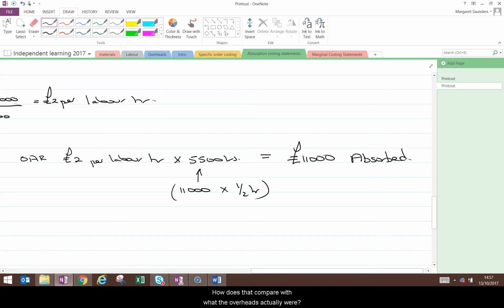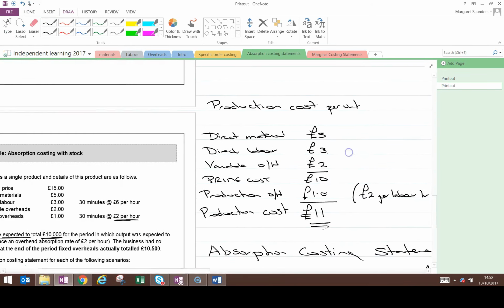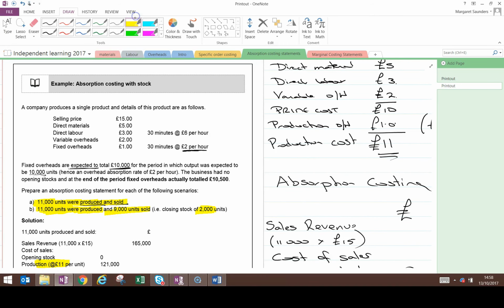So how does that compare with what the overheads actually were? Have we been given that information? We have. At the end of the period, fixed overheads actually totalled £10,500.